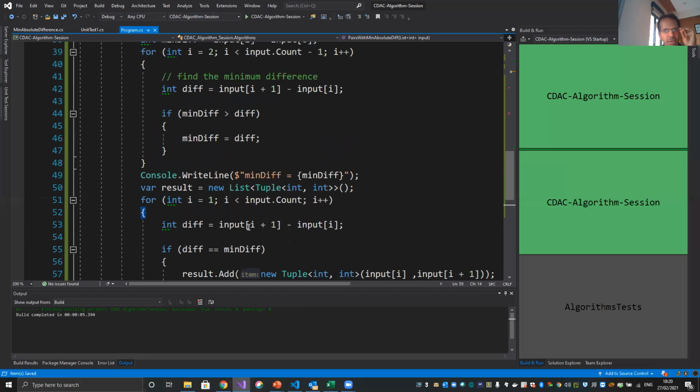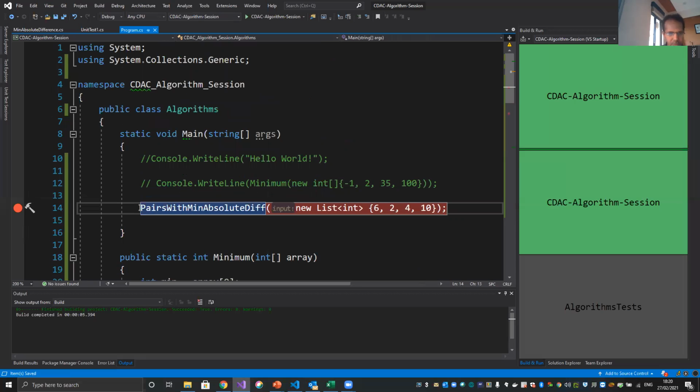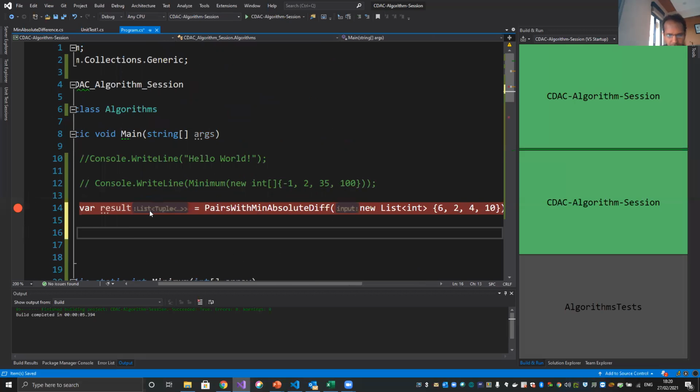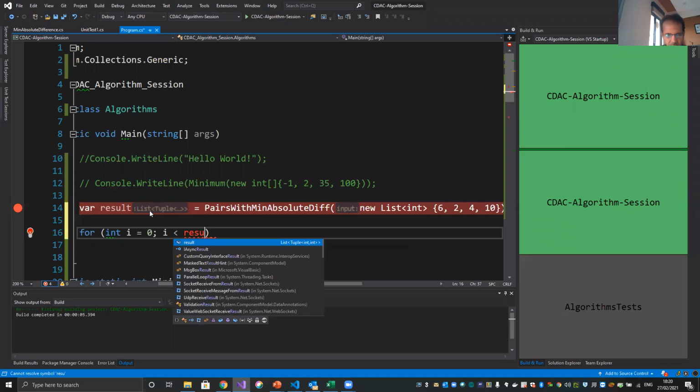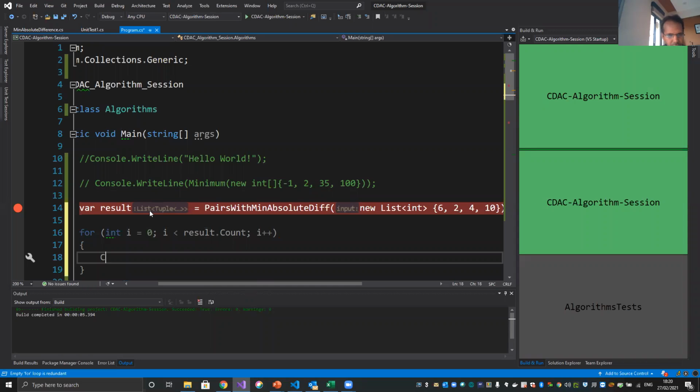Right? Let's see if this actually worked. We call var result equals this, and we write a for loop to just print it. So we say for int I equals 0, I less than result dot count, I plus plus. Let's say console dot write line, and this time we write the tuple.